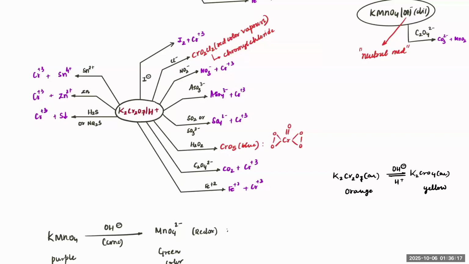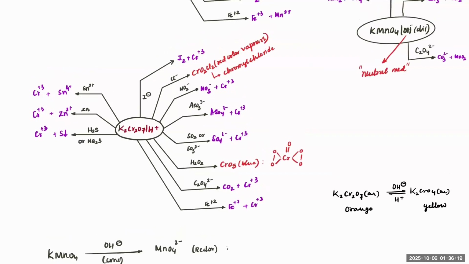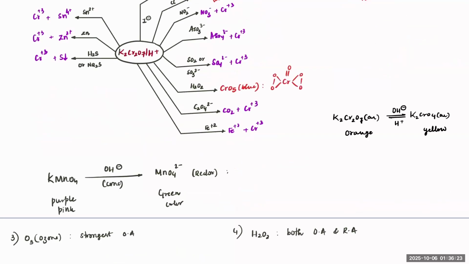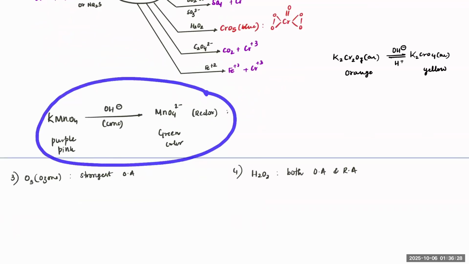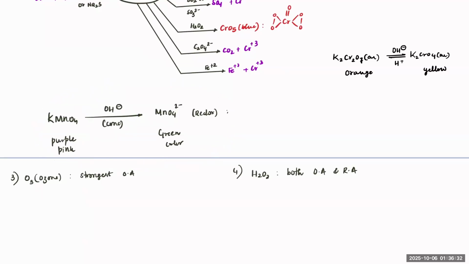KMnO4 in acidic medium, M by 5. KMnO4 in basic medium. When you are using the word basic medium, we are referring to OH minus in concentrated form. What is it changing to? From plus 7, it is changing to plus 6, which means it is consuming 1 electron. So the valency factor should be 1, and the equivalent weight of MnO4 minus must be equal to molar mass by 1.